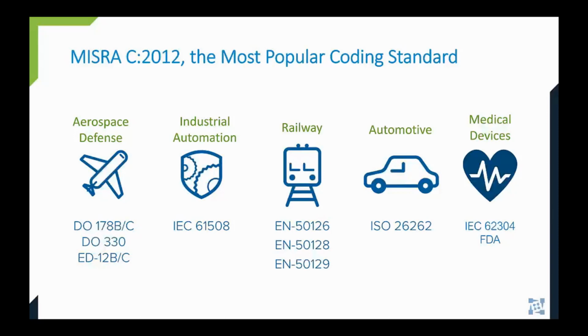And we see it everywhere now, in all the verticals, starting from automotive, going through aerospace and defense, medical, ending on industrial automation. The standard itself is already 10 years old, but it's continuously updated with various extensions.